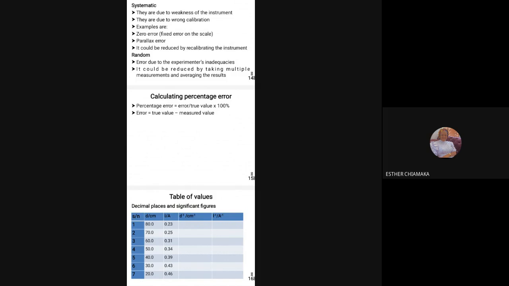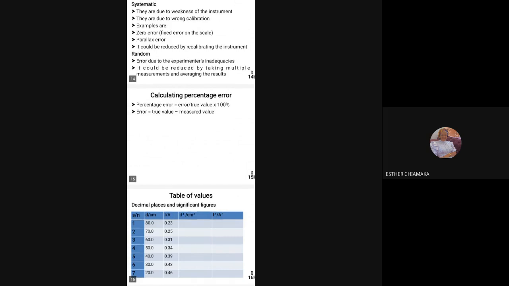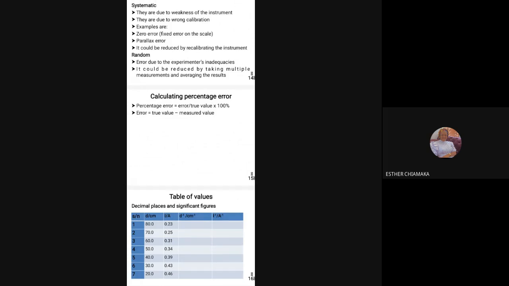Sir, I can't see slide 16 well. You can zoom your screen. Okay. Table of values, decimal places, and significant figures.